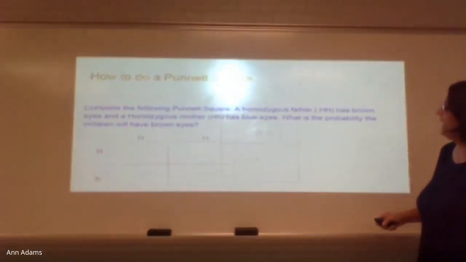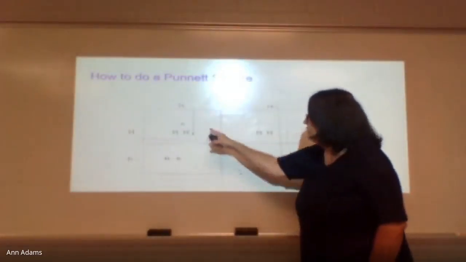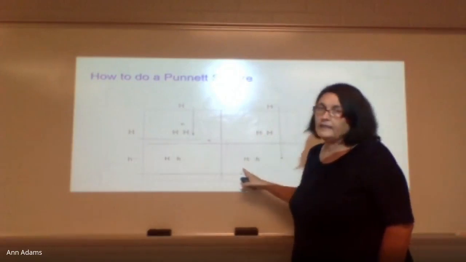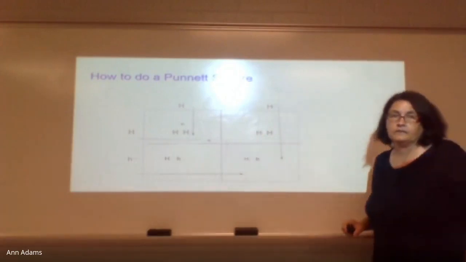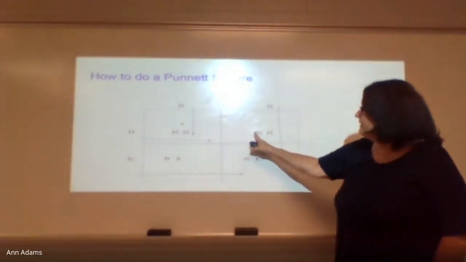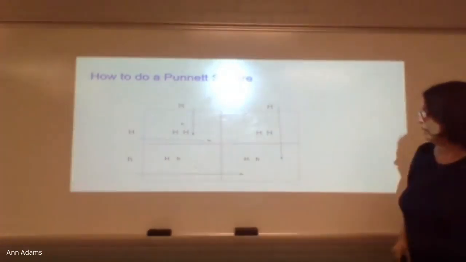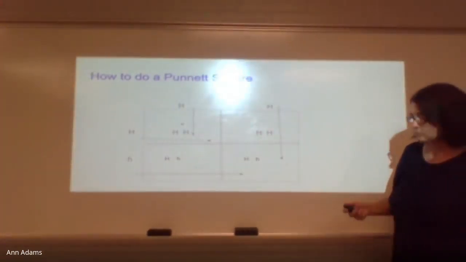So if we look back, brown eyes, we have a 100% chance that these kids have brown eyes. Okay? So 25, 50, 75, 100. All of these offspring are going to have brown eyes.